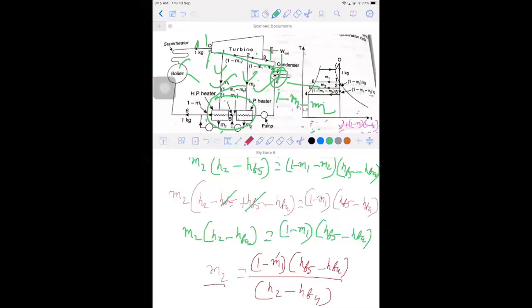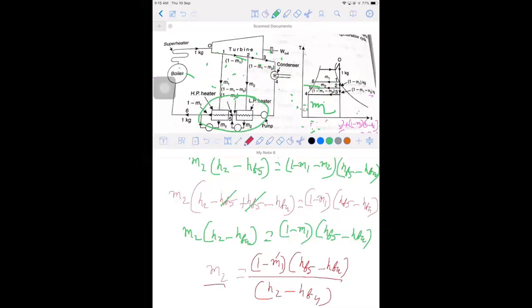And third one is, yes, we are going to get improvement in the Rankine cycle efficiency, but at the same time, we have to invest some amount in installing these heaters.